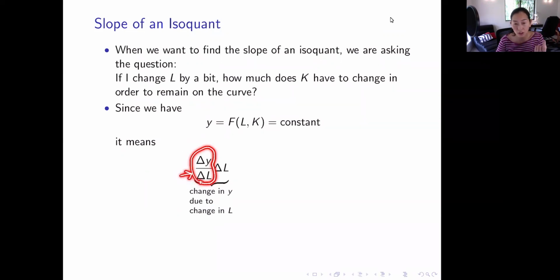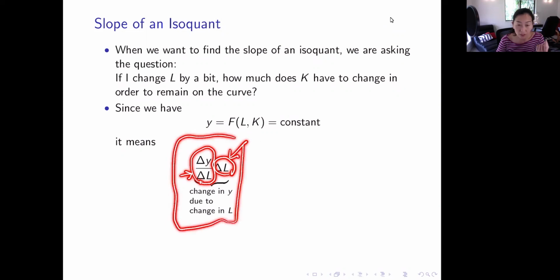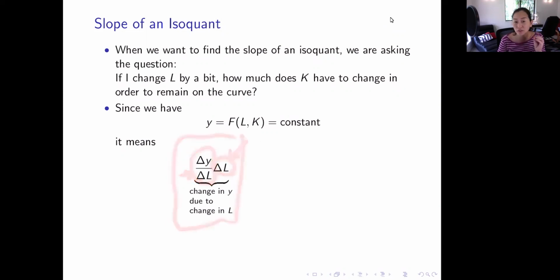How much the total output changes when we change 1 unit of labor input. If we change 10 units of labor input, then that would be the total change in Y due to the change in 10 units of labor input, right?